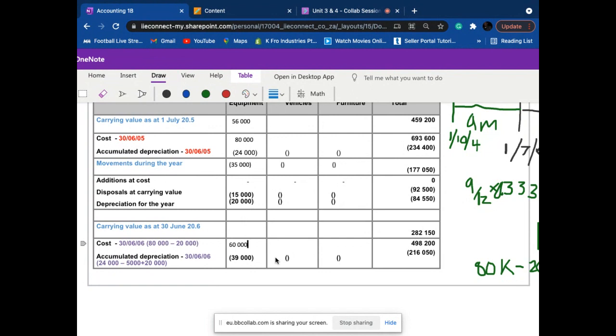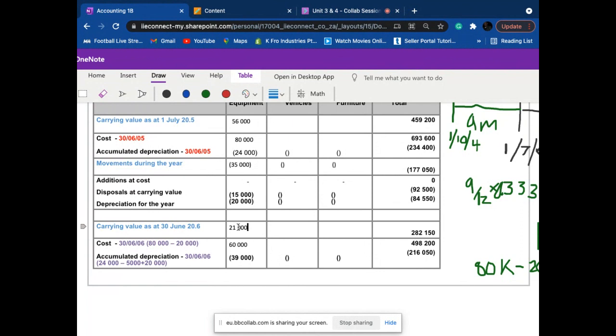So now, what is the carrying value of the equipment that we now have? How do we calculate carrying value again? We have cost, right? We have accumulated depreciation, right? So what is it? 28,000. 21,000.